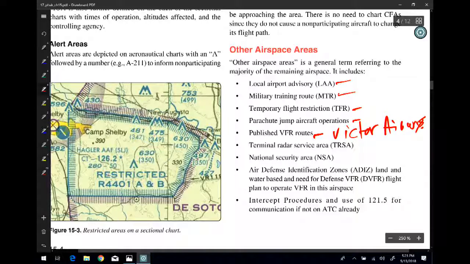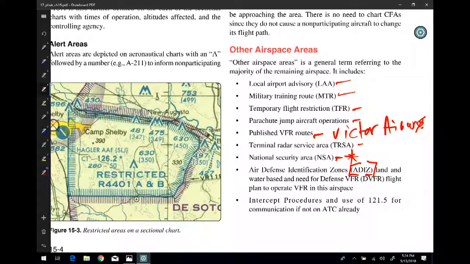TERSAs, terminal radar service areas, and national security areas, definitely want to know about those because that's a place where a lot of times you don't want to be. The Air Defense Identification Zone, or ADIZ, you guys may have just heard recently about 2 F-22s that intercepted 2 Russian bombers in the ADIZ outside of Alaska.